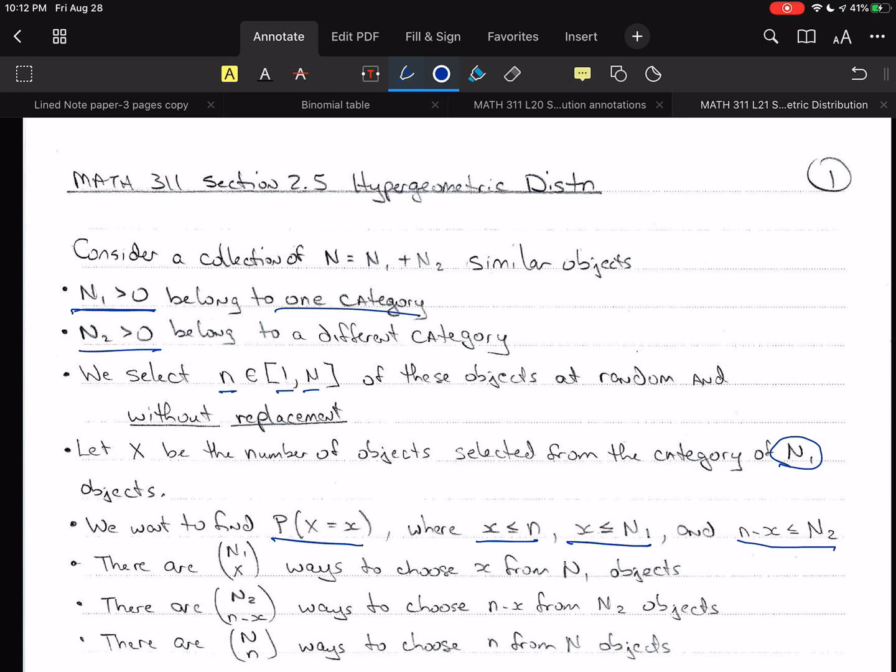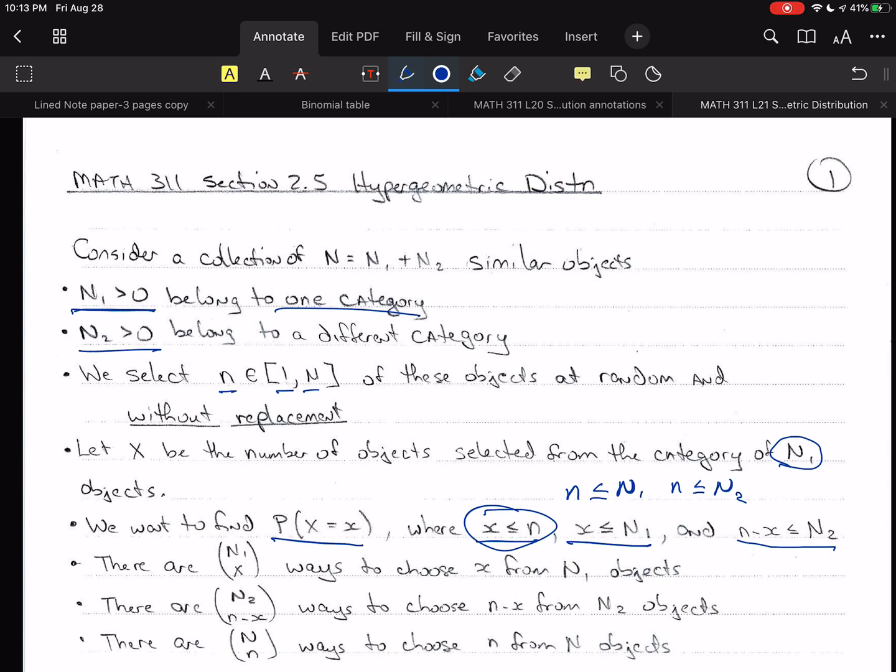So x can't be bigger than the sample size, and of course, n has to be less than capital N, the total population size.